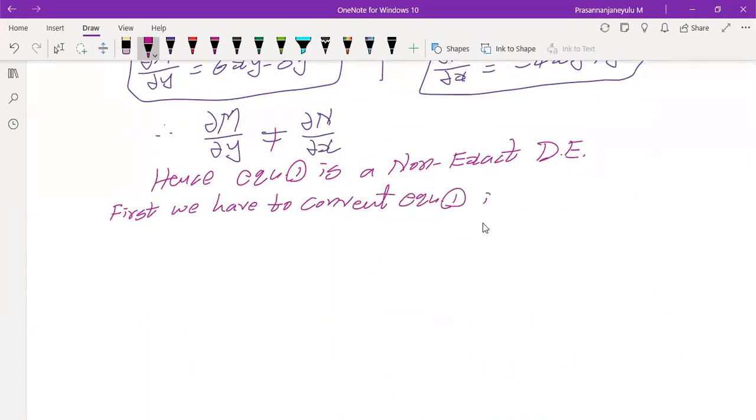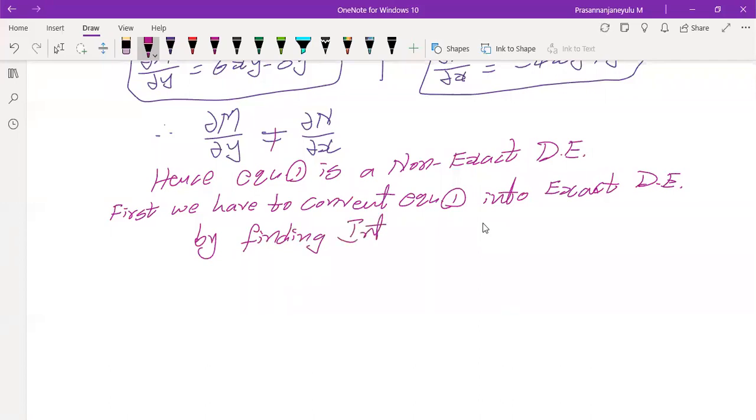How to convert? By multiplying with a function, by finding an integrating factor.